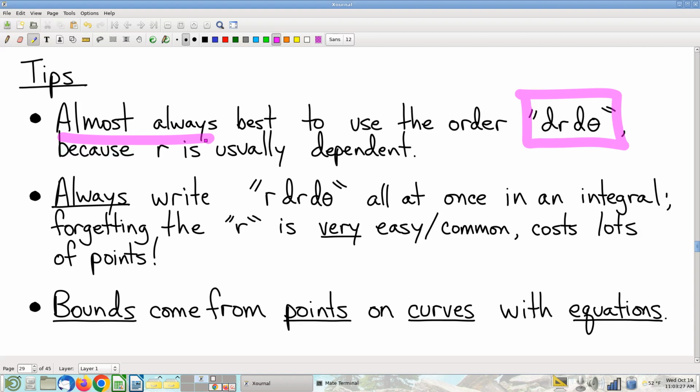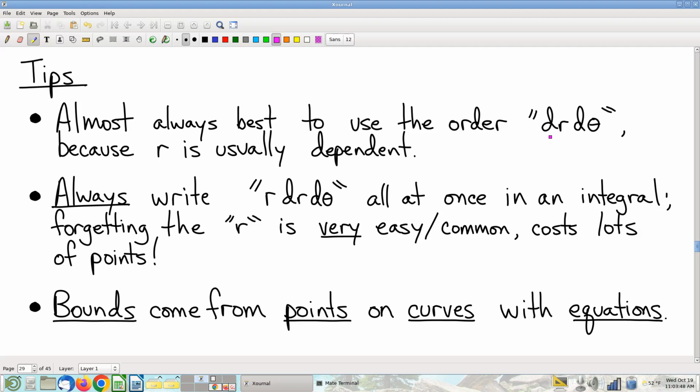It's so almost always that I think for the purposes of Math 219, if you just always do dr on the inside, you'll be well served. Right? So that's convenience. You don't have to really think about which way do I want to slice it.